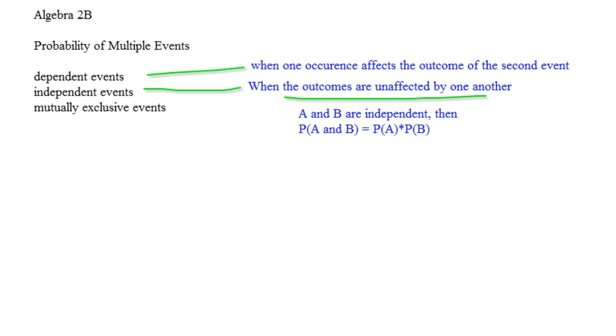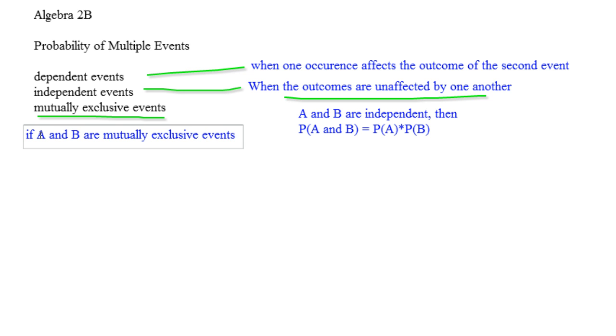Alright, now two events that cannot happen at the same time are mutually exclusive events. So in this case, if A and B are mutually exclusive events, in other words, if A was getting a 2 when you're rolling dice and B was getting a 6, well, if you roll dice, you either get 2 or 6.